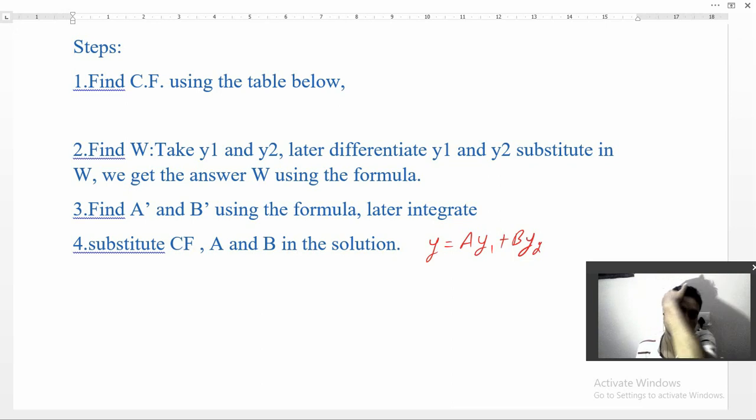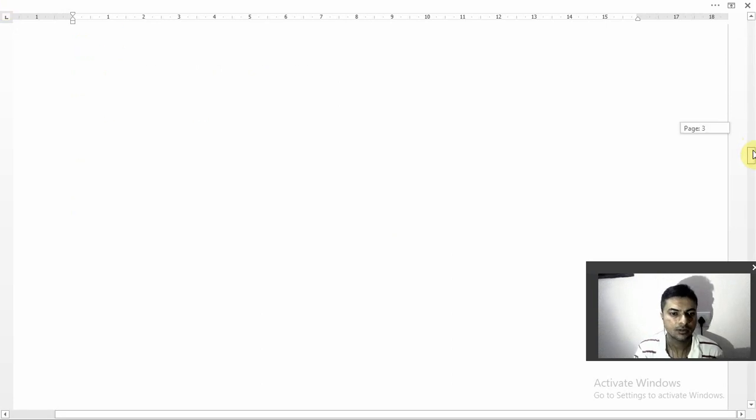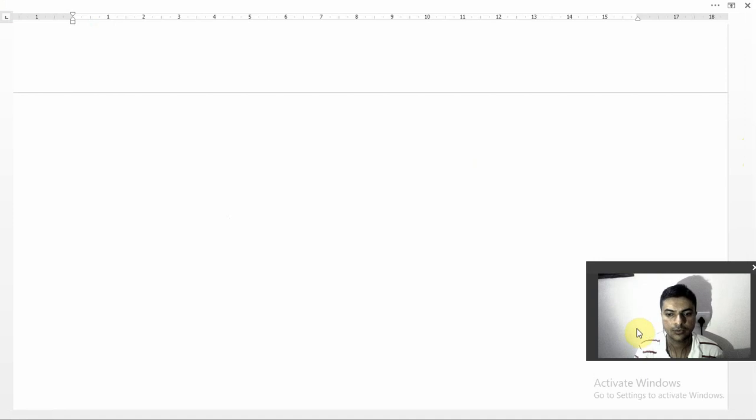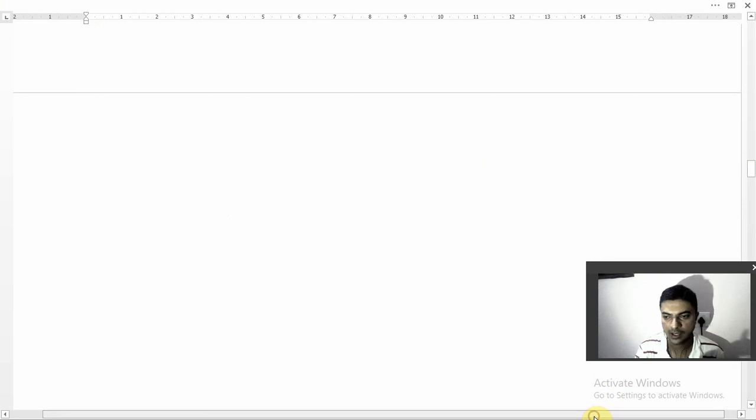Definitely a similar type of example will come in the examination. So let us try with the example. Which question have I taken? Yes, it's a very important example. Just take down the example here.